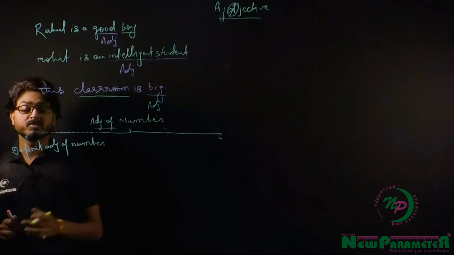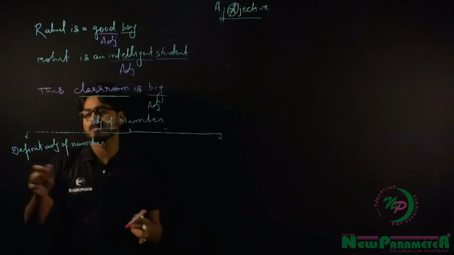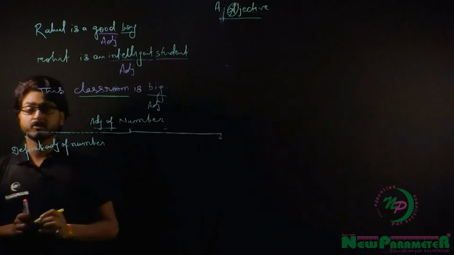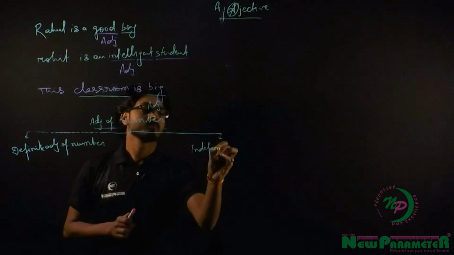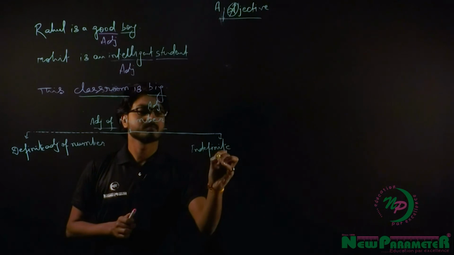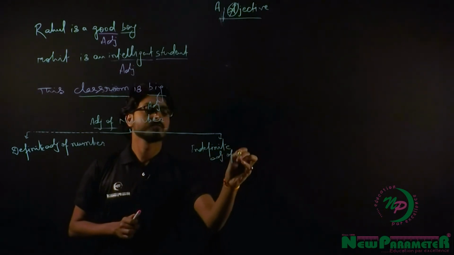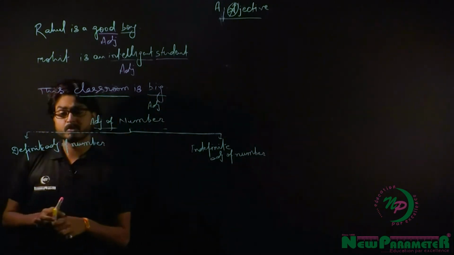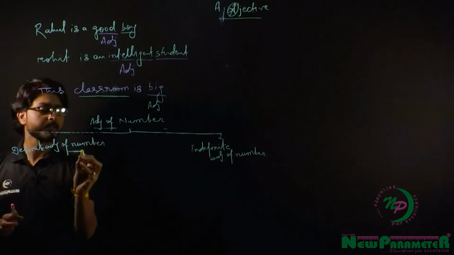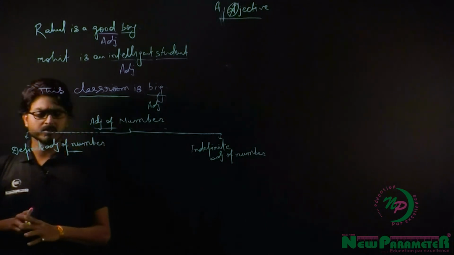And you guys are very smart. I know if one type is definite, the other would be indefinite adjective of number. Okay, we have to study this one. This is very, very important, and this is very easy also.